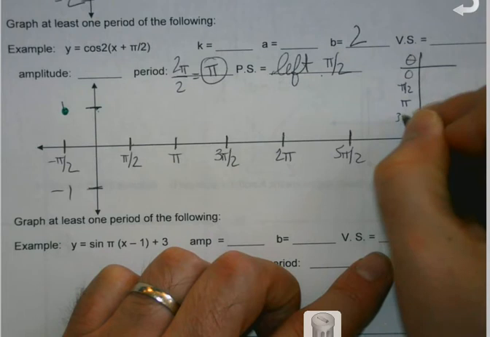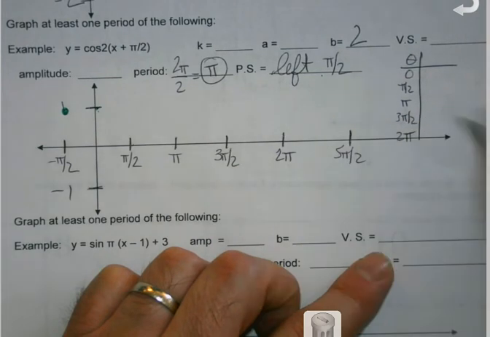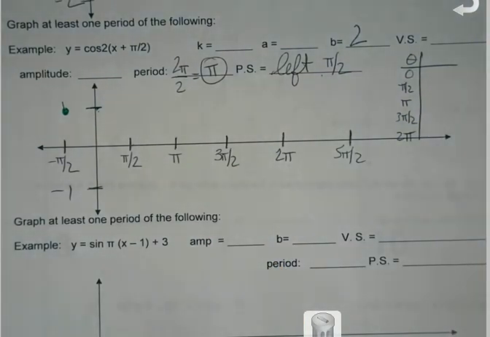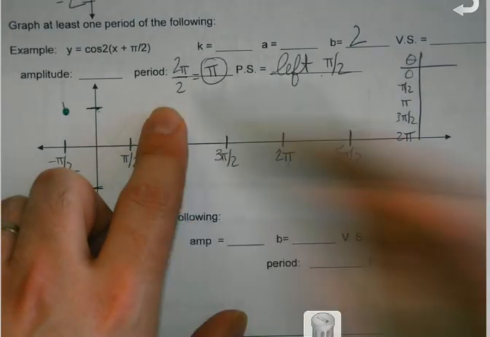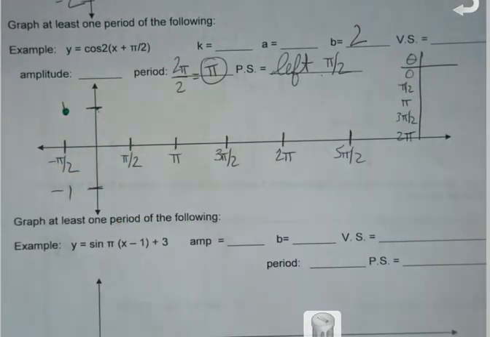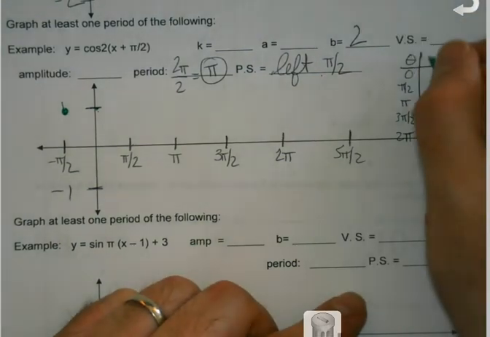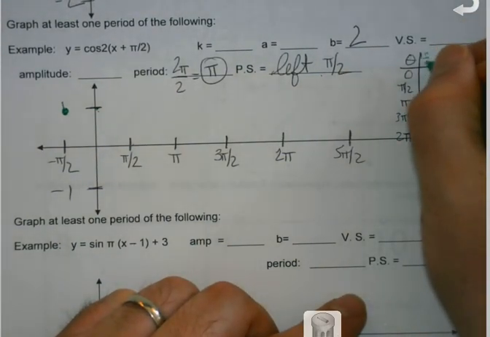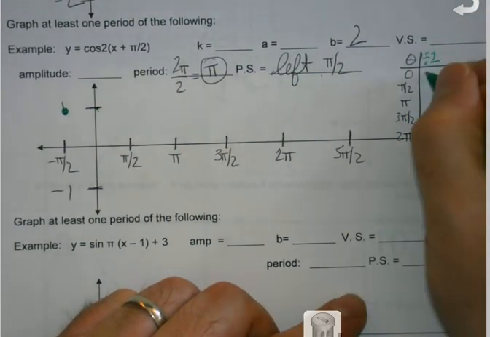Just to be thinking one more time here, so if you're referencing later, you can see. I need to think about the period change first. So when I'm doing all of these, dividing by 2, I'm cutting all of these in half. So before I start shifting, with my period change, I'm dividing all of these by 2.